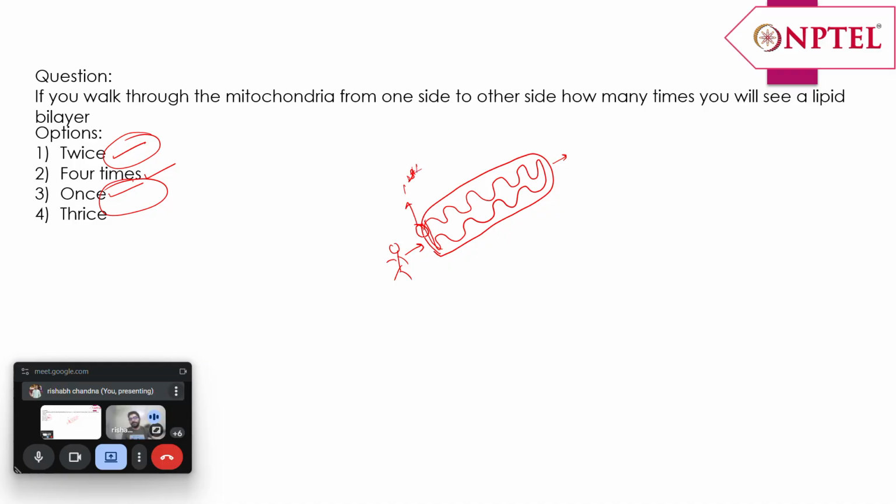Then you move to the inner membrane. That will be the second one. Now you have to travel through the mitochondria and you have to pass through this. So this will be the third one, and this would be the fourth lipid bilayer that you will see. Okay, is the explanation clear?